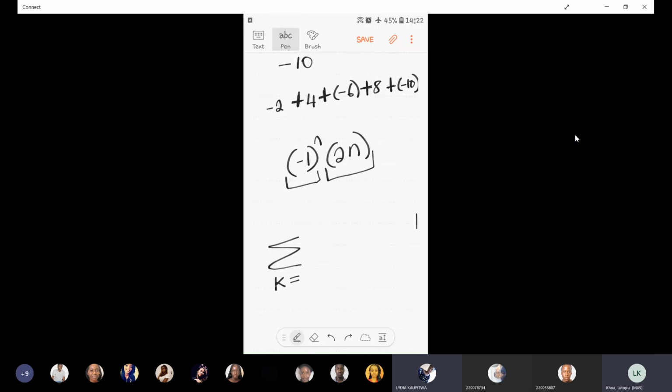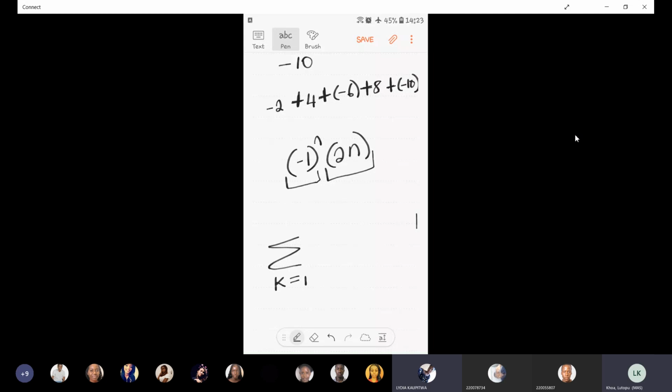Okay, she says the starting point is 1, and what is the end point? It's 5.